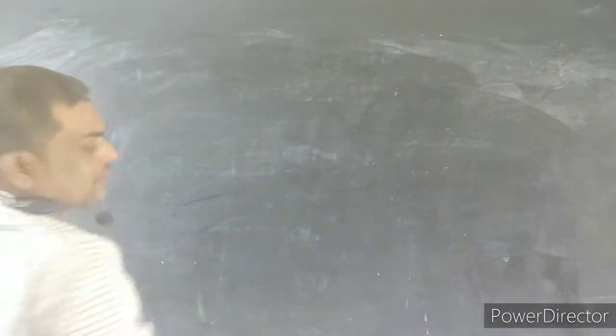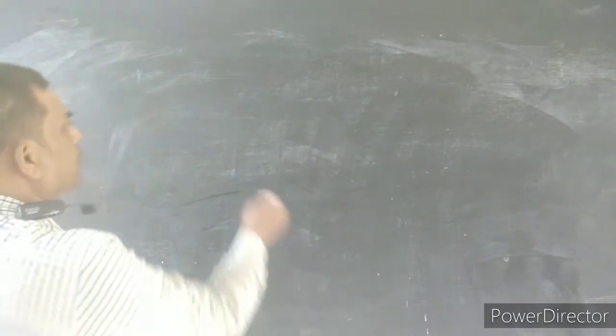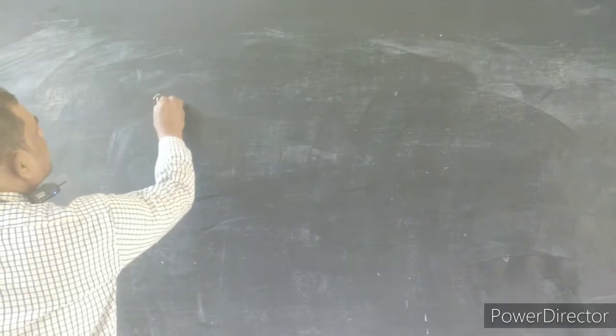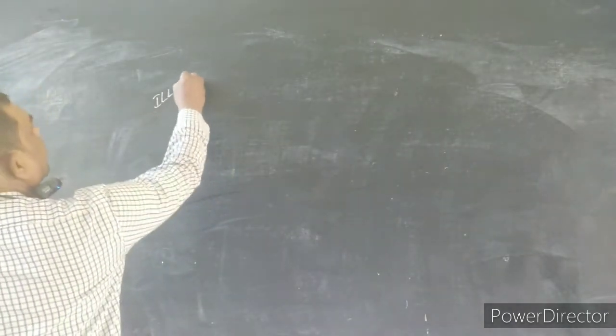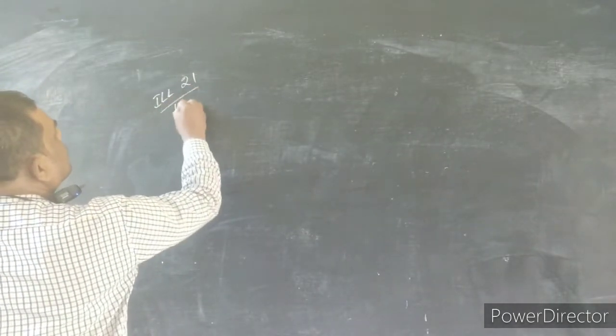Listen carefully. Now I will teach you how to prepare the profit and loss appropriation account. First illustration: Illustration 21, page number 106.